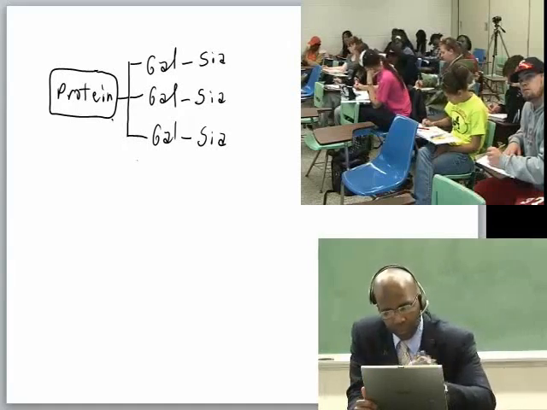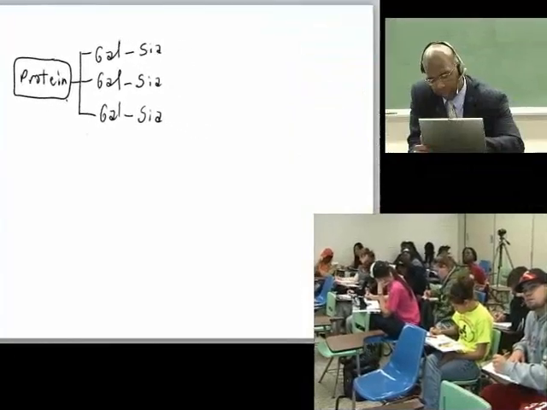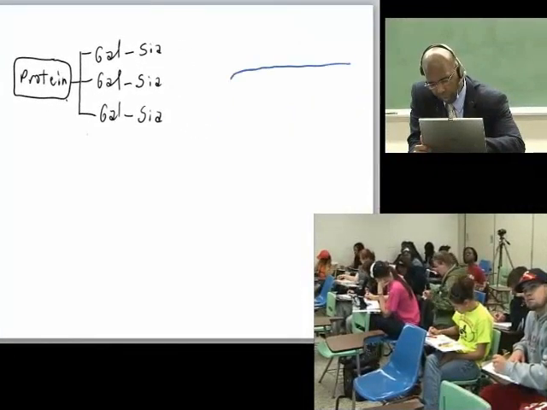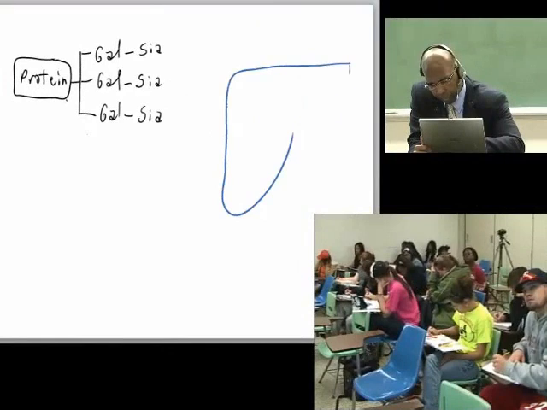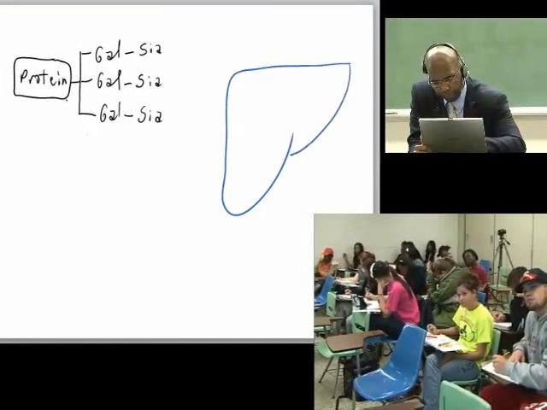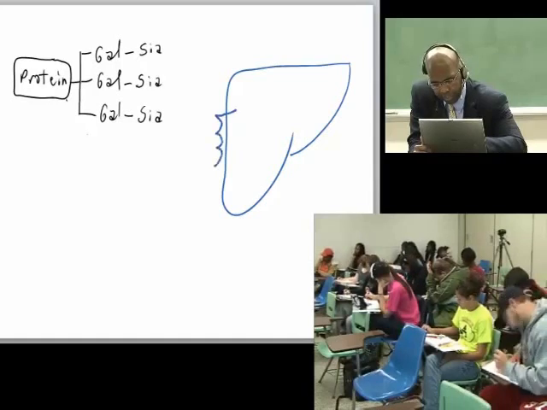Now, in the liver, let's see what's going on in the liver. So I'm going to put the liver over here. In the liver, there is a protein or receptor that recognizes those galactosyl residues.